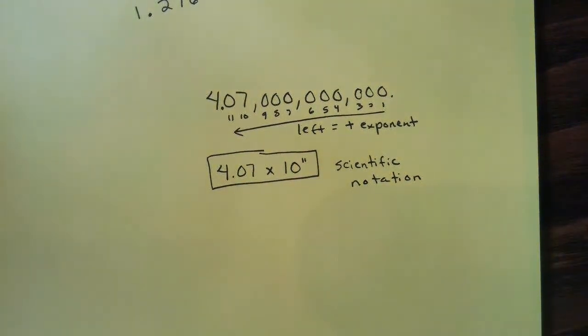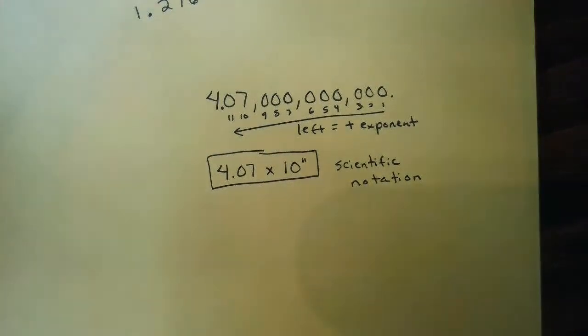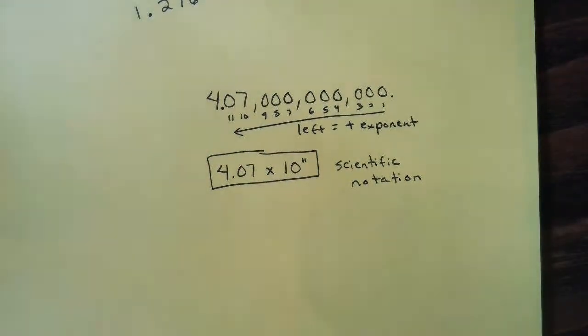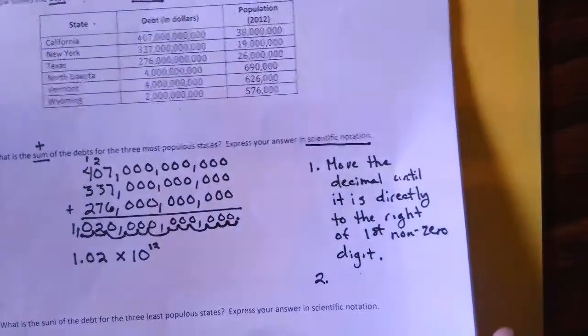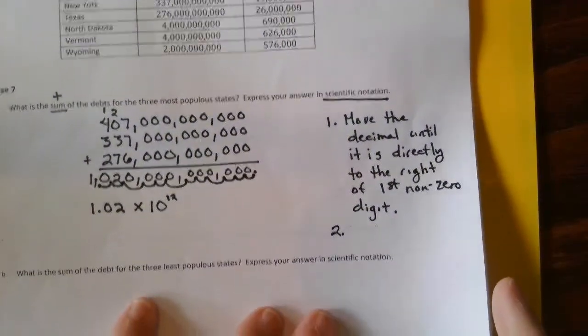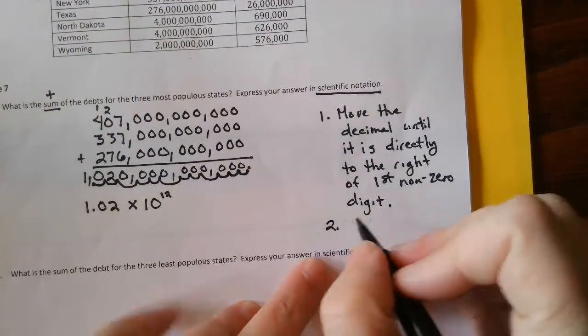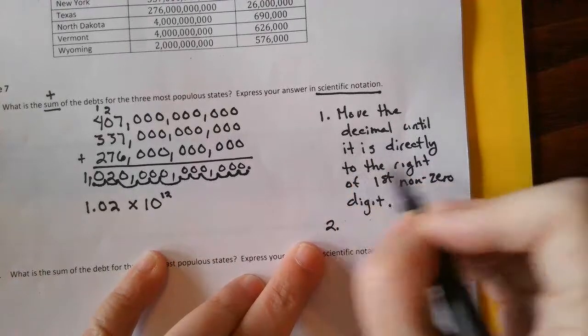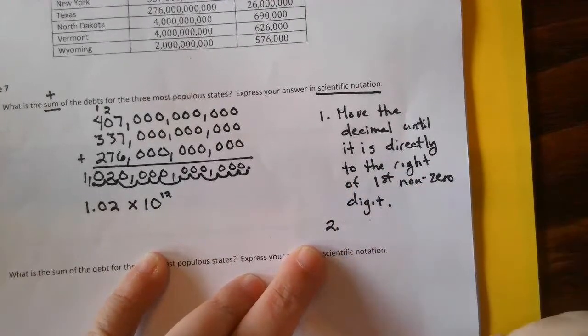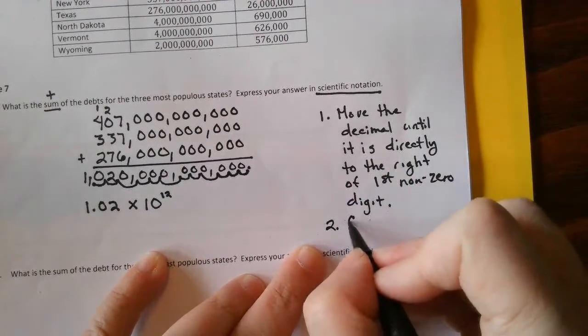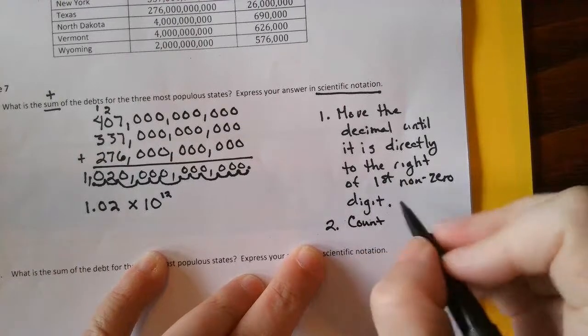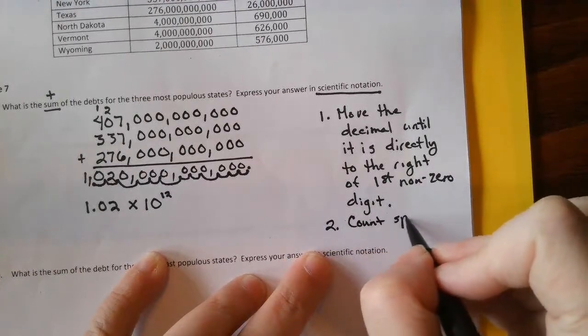So that is what you are going to do on your problems on this page. Let's do one. Let's do one more on here. So we move our decimal point until it's directly to the right of the first non-zero digit. Then you're going to count the spaces you moved it.